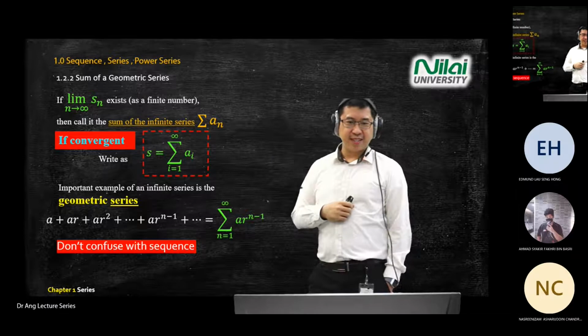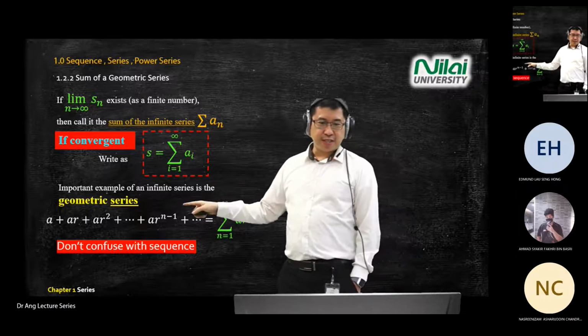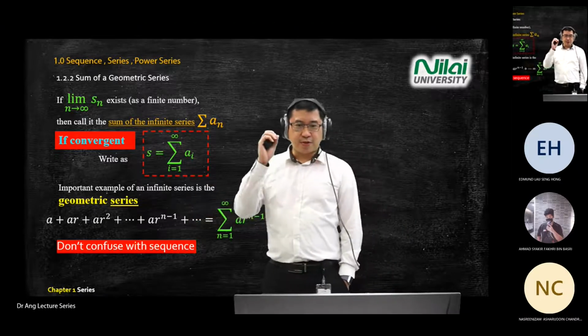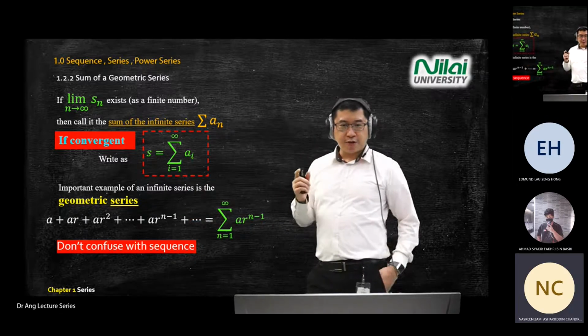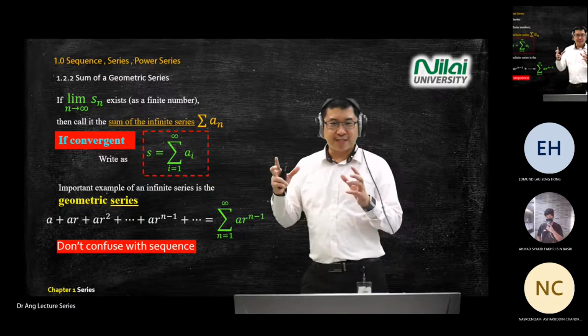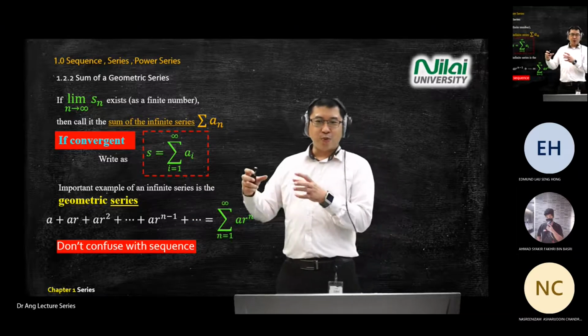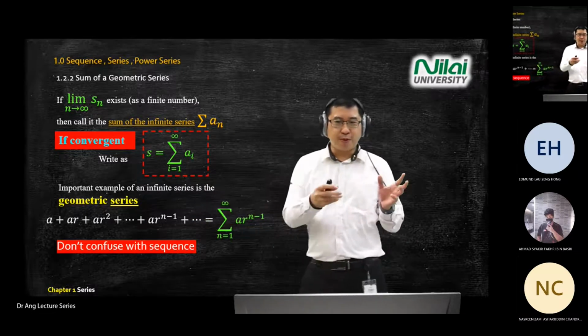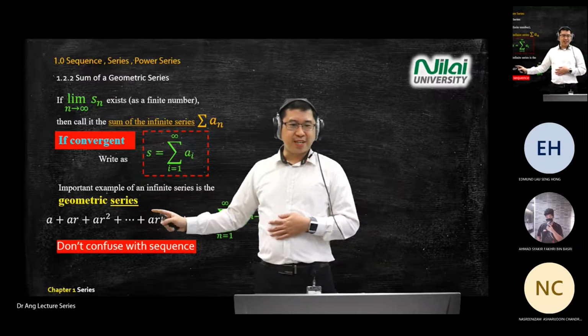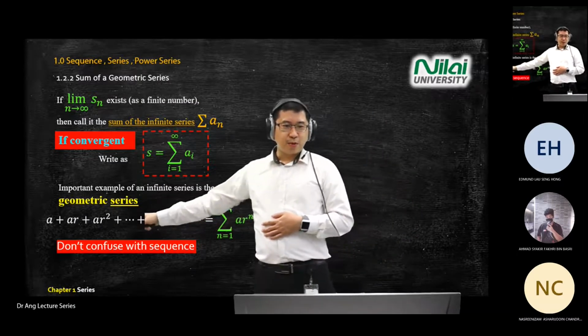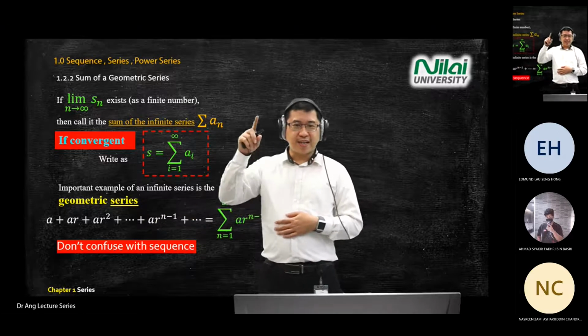If you have a geometric series, your n starts with 0. So you have to differentiate: previously we always started with 1, but when we talk about geometric, we always start with 0.